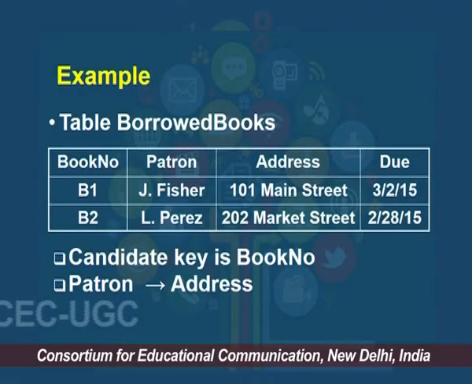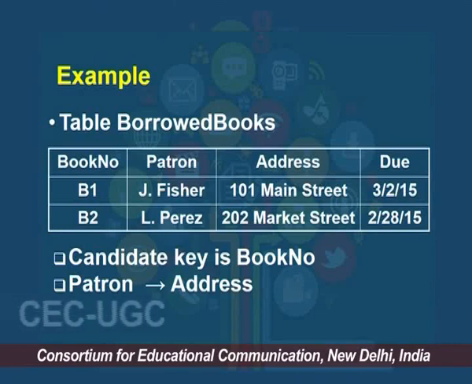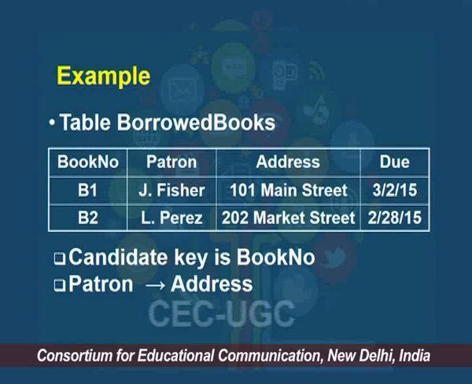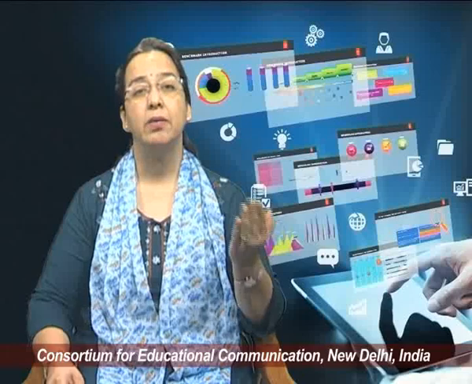The patron is on the left side of the arrow and the address is on the right side of the arrow. This essentially means that the address is dependent on the patron, so the address can be determined by the patron. Now the patron is not the candidate key, the candidate key is the book number.